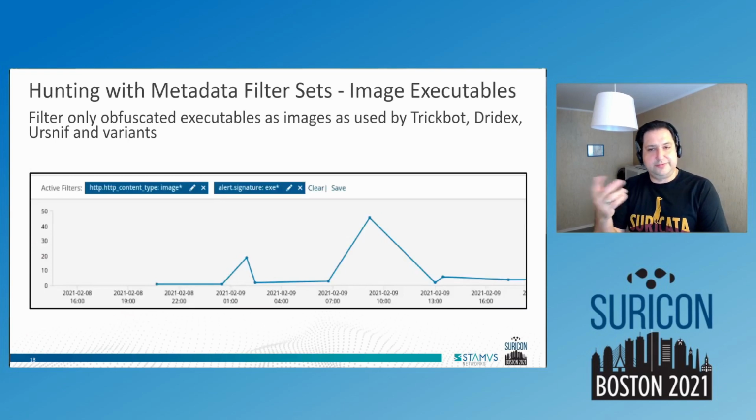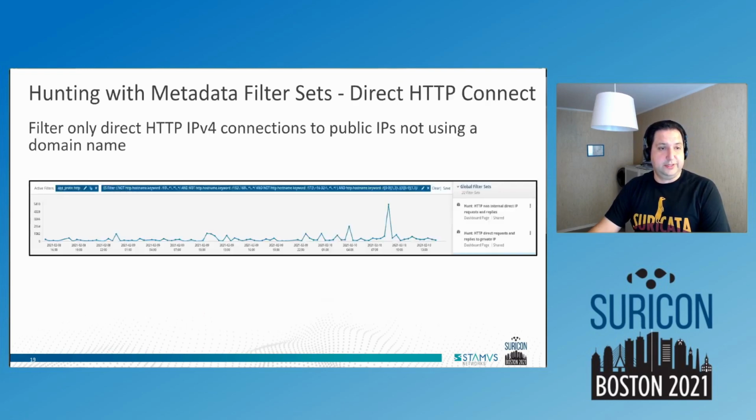We can also have some funky stuff in here, like executable signatures that are firing on HTTP content that advertises itself as an image, let's say. Some pretty interesting results come in, and they're also available in the predefined filter sets in SELKS, and also used by actors like TrickBot, Dridex, Eurosniff.